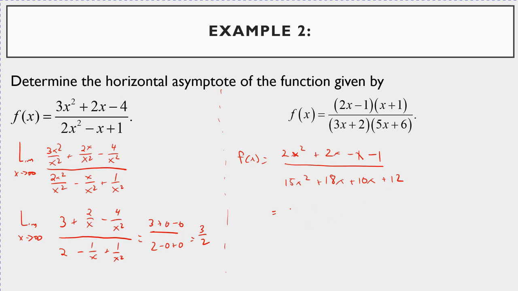Well, look, you can even clean this up. 2x squared plus x minus 1 all over 15x squared plus 28x plus 12.